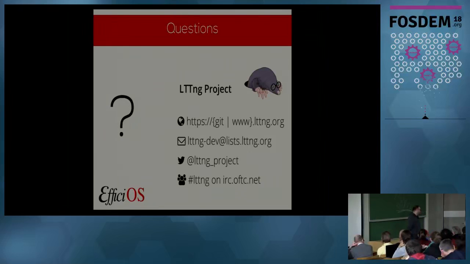Can you do the same thing using just pure eBPF tracing or any of the other tracers in the kernel? Well, if you can convert your traces to the CTF format, then you might be able to run the analysis, but that would imply that the event names and so on are all the same as for LTTng, so it might be a bit complicated.